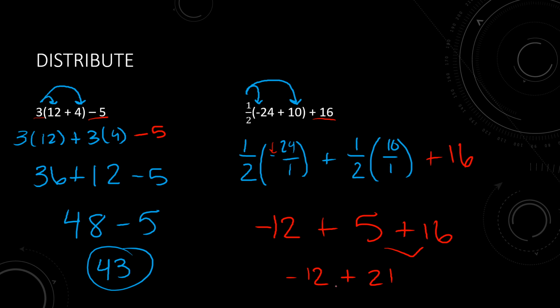Here I have opposite signs, which means I need to subtract. So 21 minus 12 is going to be 9, and it's positive because 21 is bigger. So on these ones, just take it step by step. Don't forget you can always use your calculator to double check these.